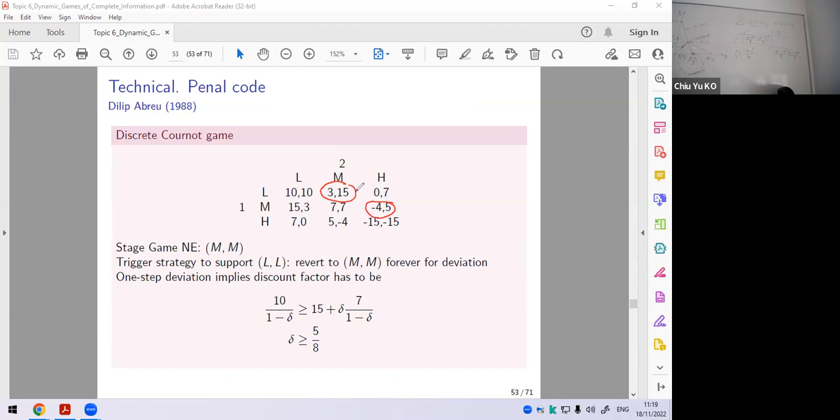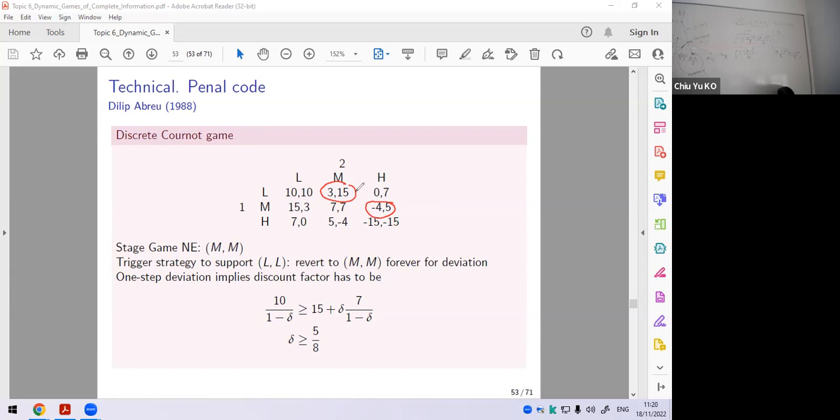So if player 1 deviates, actually he will get a worse outcome. Actually the punishment has two purposes. One is to make the deviator even worse off, and also to reward the one who doesn't do the bad thing, player 2. Along the punishment for player 1, player 2 is actually better off.